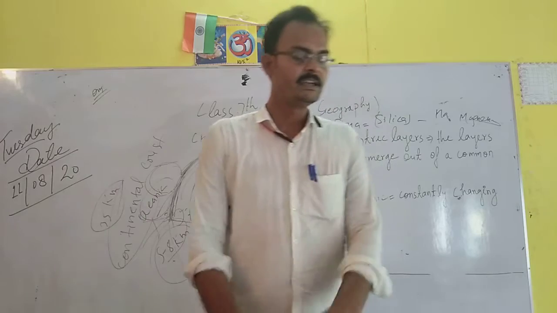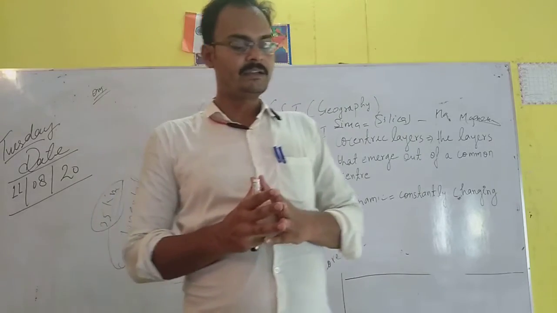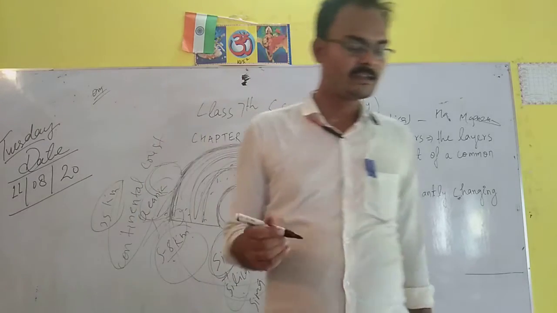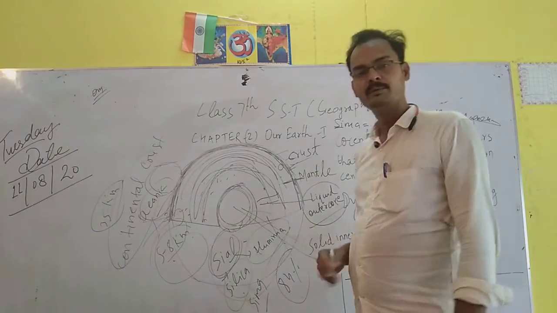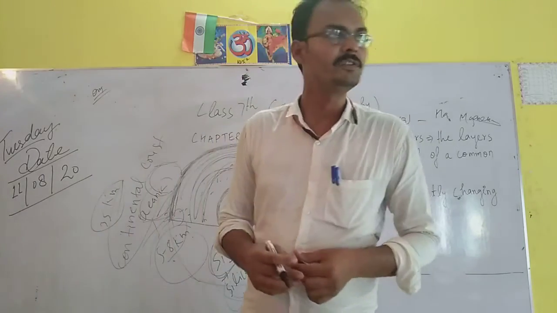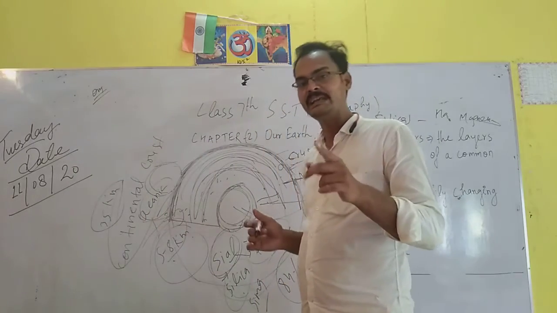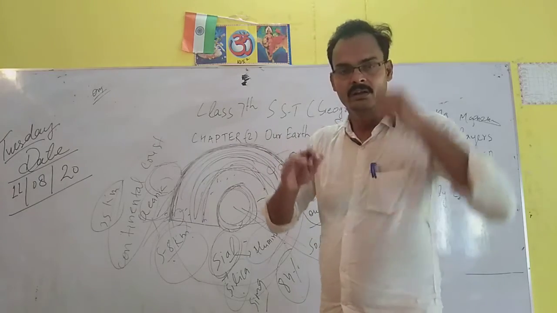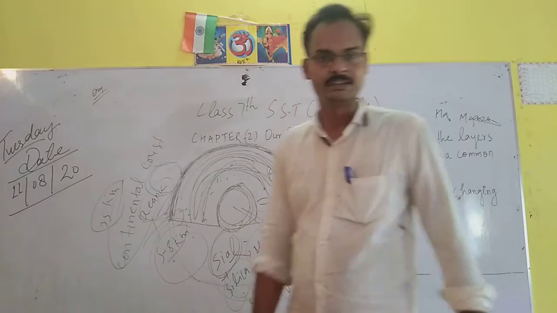Students, the mantle is also divided into two layers, upper mantle and lower mantle. Magma is found in the upper part of the mantle and the lower part of the crust. So students, what is magma? After volcanic eruptions, lava is erupted outside, and magma is collected near the lower side of the crust and upper side of the mantle, between those.